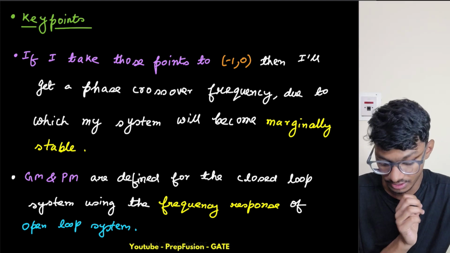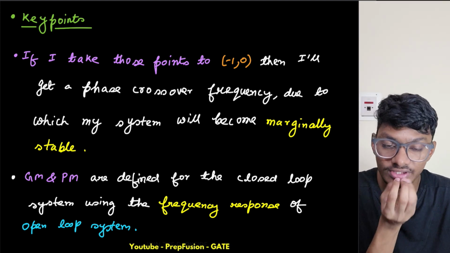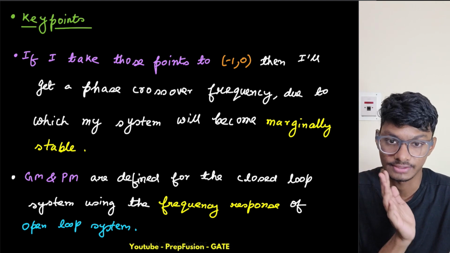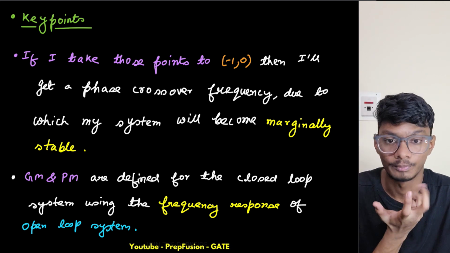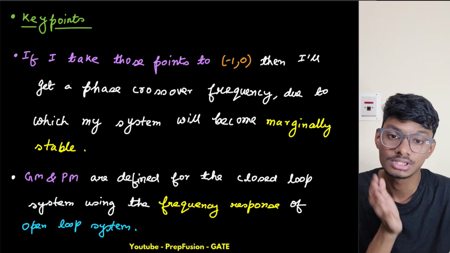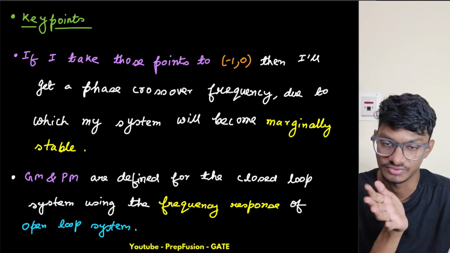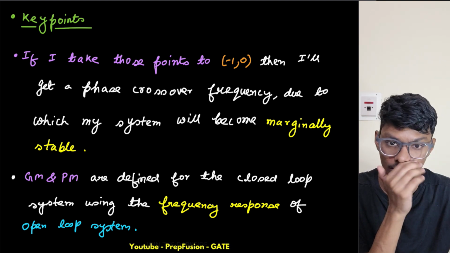If there isn't any phase crossover frequency, then definitely I can say that my poles will always lie on the left hand side, no matter how much variation there is; they will never cross to the right hand side.